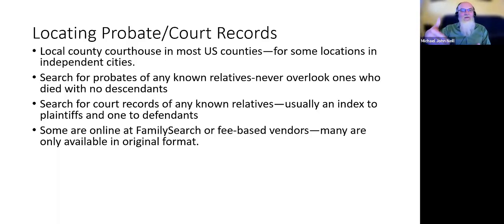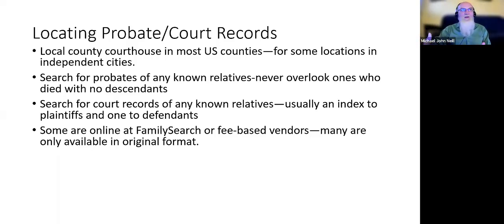The individuals you want to look for, we could just simply say, well, look for any relative's probate. I like to, in addition to the ancestors, because sometimes you can't look at everything you might want to look at, the best people to look at besides your ancestors are any relatives you know that died without descendants, because how that estate was settled, the legal process they had to go through, oftentimes those will mention the heirs to their estate.